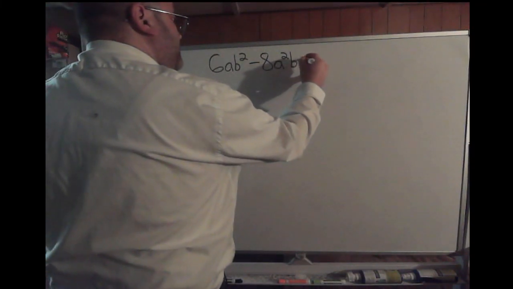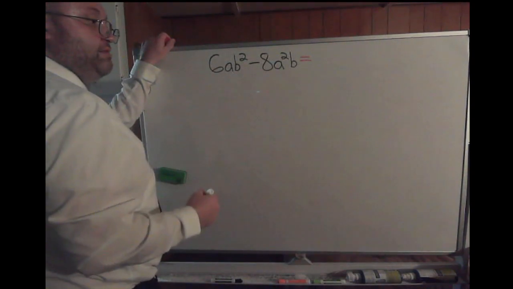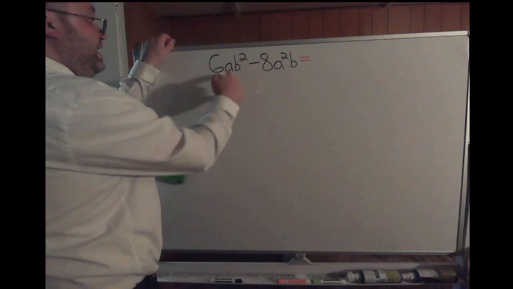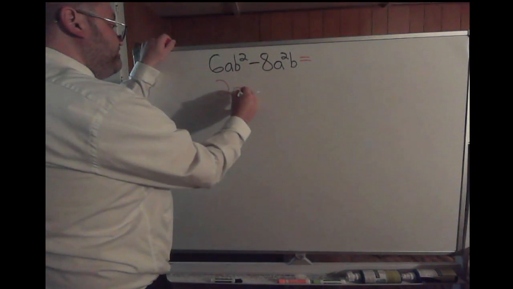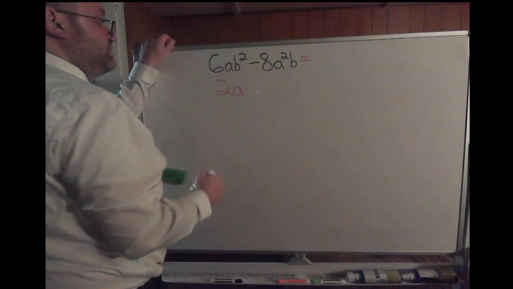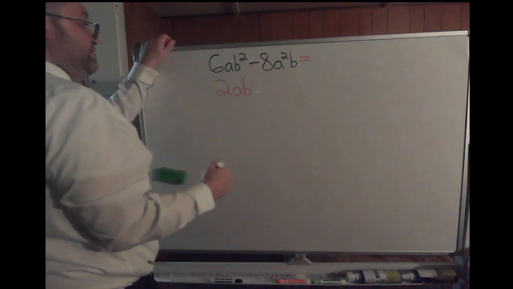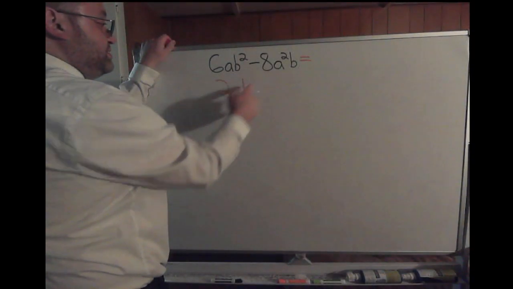Well, start out with your constants. 6 and 8 have what as the greatest common factor? That'd be 2. Alright, a and a squared have what as the greatest common factor? A. B squared and b have what as the greatest common factor? That'd be b. So we've established that your greatest common factor of these two terms is 2ab.